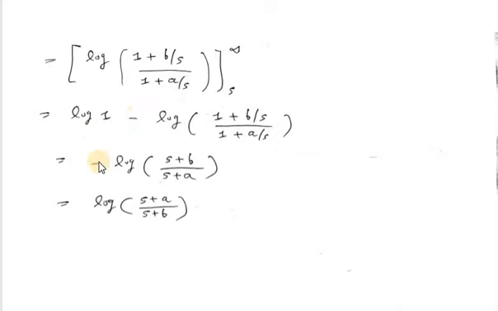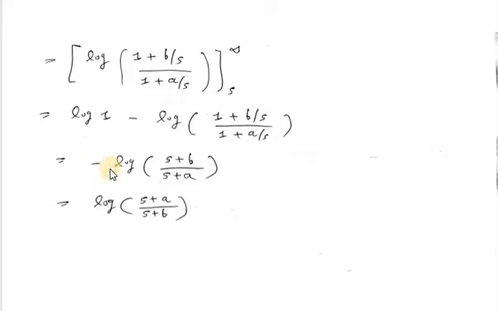The minus sign stays as it is. Now we simplify this function in the numerator and denominator by taking the LCM s. So in the numerator we will have s plus b over s, and in the denominator s plus a over s. So s will cancel out, and the simplified form will be s plus b over s plus a, and this minus sign stays as it is.